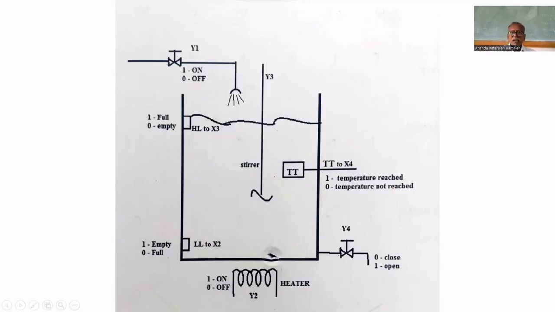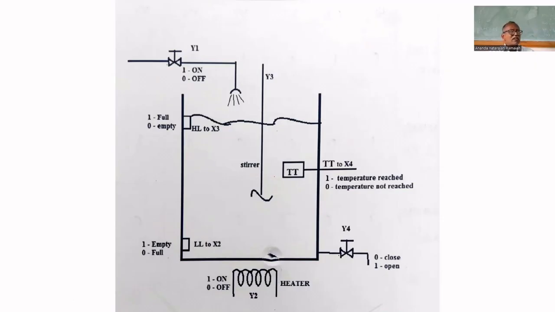Here it is a tank. The tank will be filled up to this point. Then the heater will be turned on. For that, there is a temperature sensor and the set point is there.